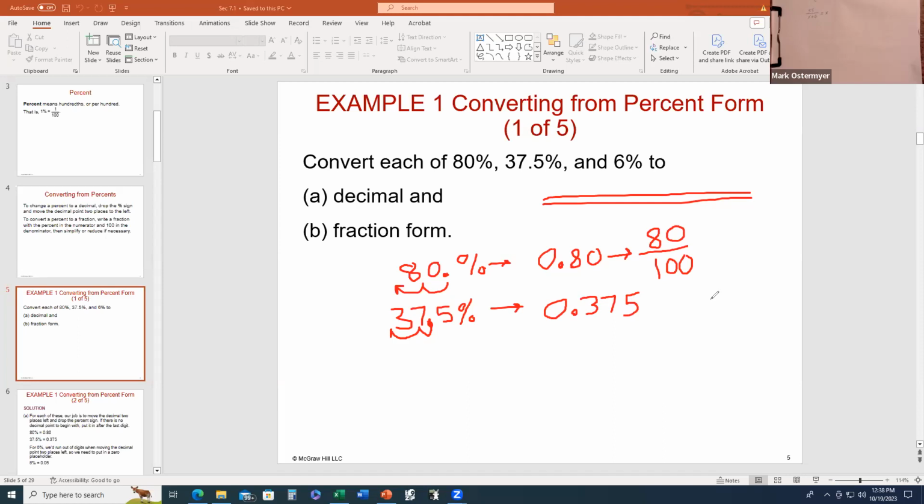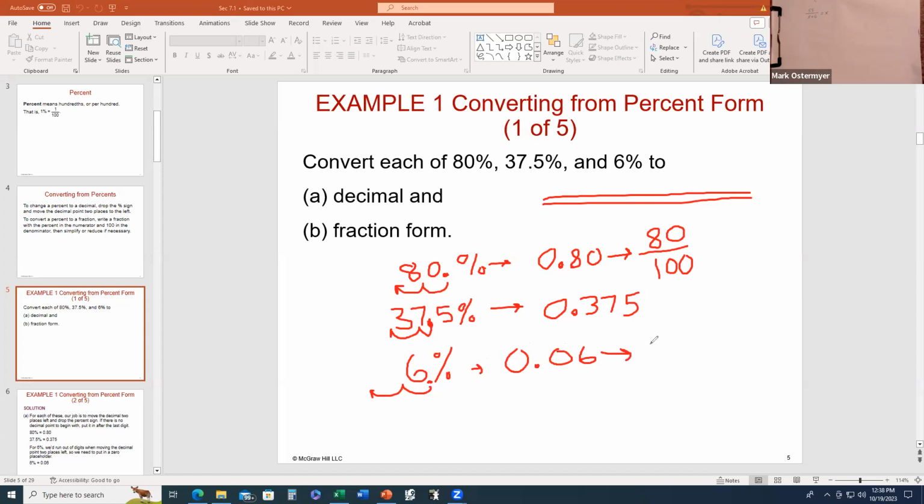6% as a decimal. I believe that isn't that the sales tax rate in this state for purchasing non-food items? We pay Uncle Sam 6 cents on the dollar. So 6% means as a decimal, the decimal point is understood to be right here. It gets shifted 2 places to the left. So it's going to be 0.06.